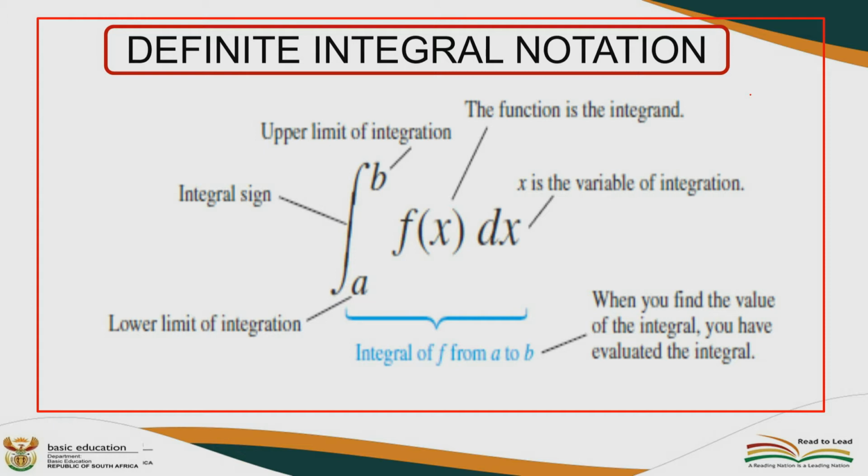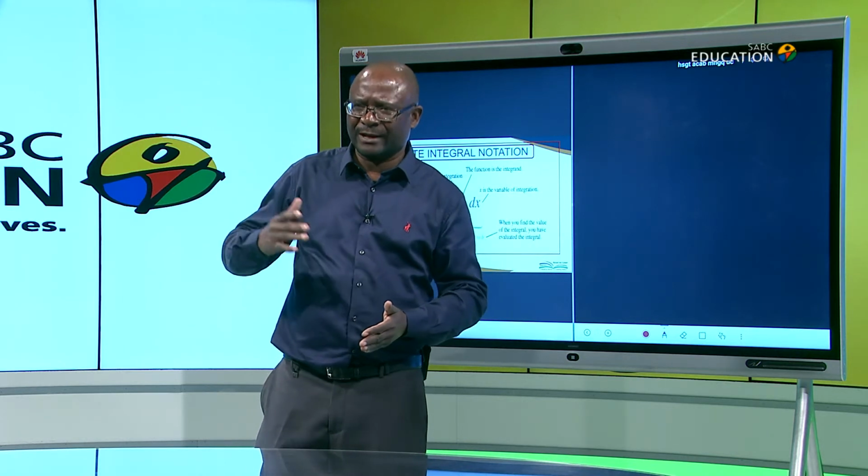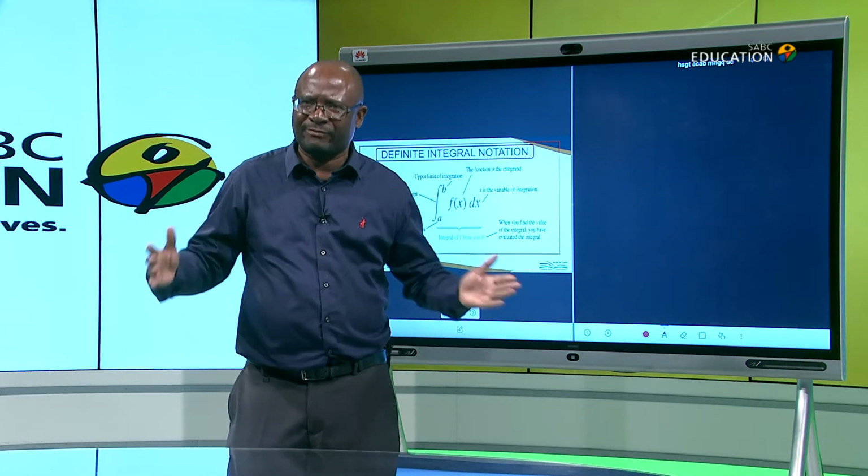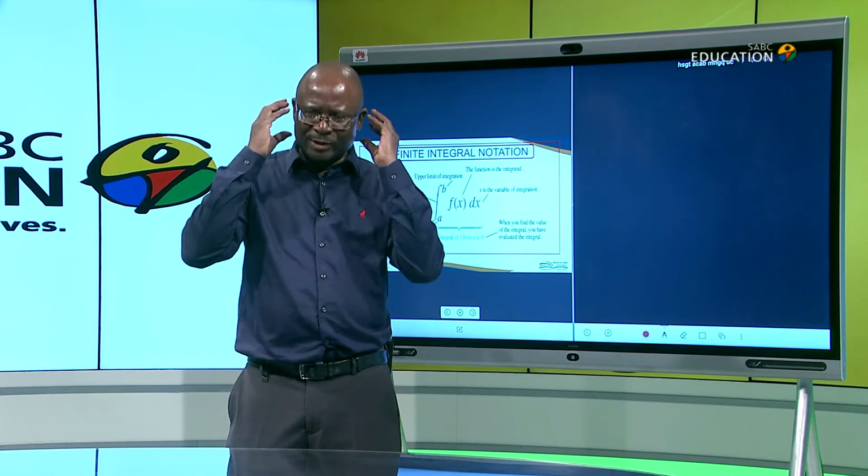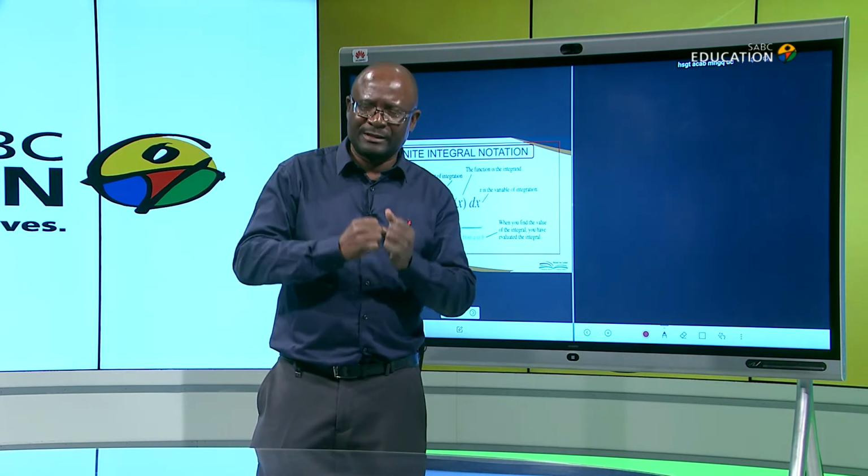But please remember, as we said in our previous lesson, that our variable of integration will not always be x. Any variable can be used. We can use the variable t, we can use the variable p or m, or any variable. Please don't always memorize that it is x.